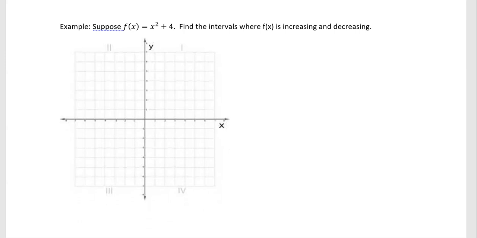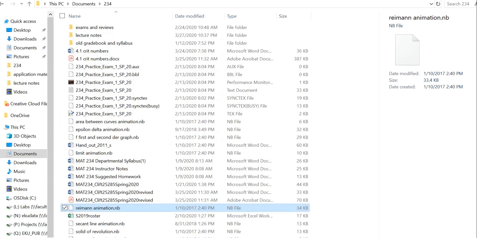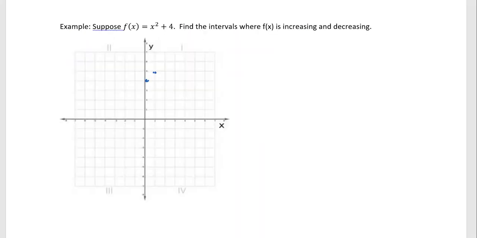Suppose we have this function x squared plus 4. We want to find the intervals where it's increasing and decreasing. So it's kind of easy enough to see with this graph that it's going to look like this, right?